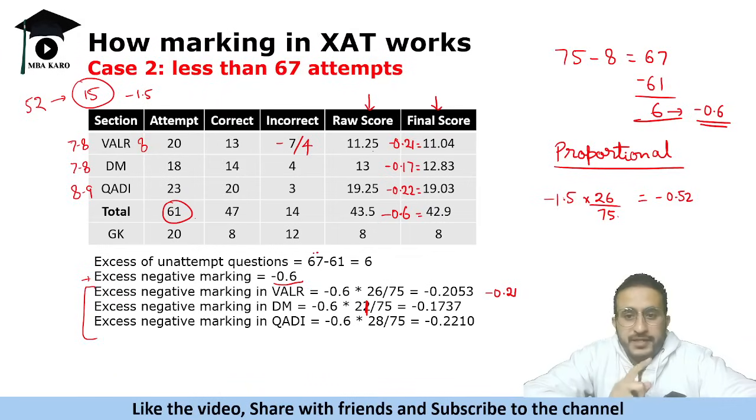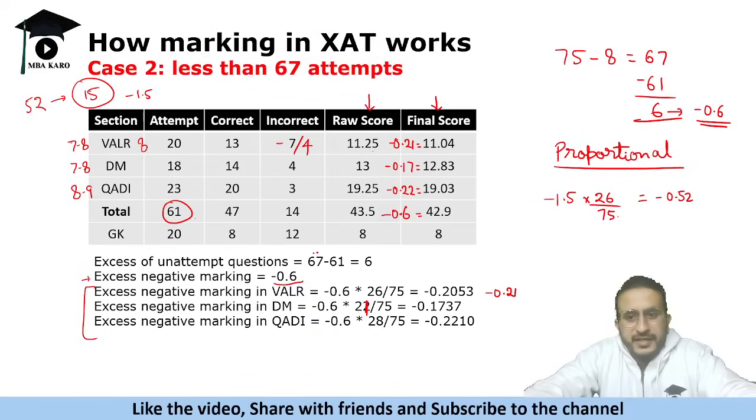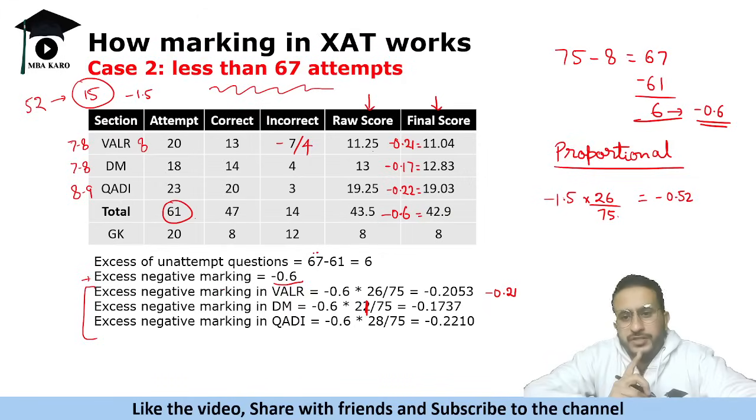Remember that you need to attempt slightly more than what you are expecting, because first of all in VLR accuracy is not guaranteed, and secondly, if you fall in the category of attempting less than 67 questions, you will lose marks for unattempted questions, which will further scale your score down.